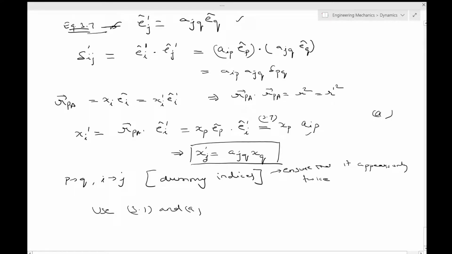I_ij is equal to the integral of r square delta ij minus x_i x_j dm.